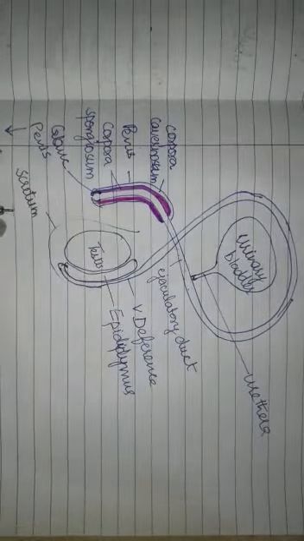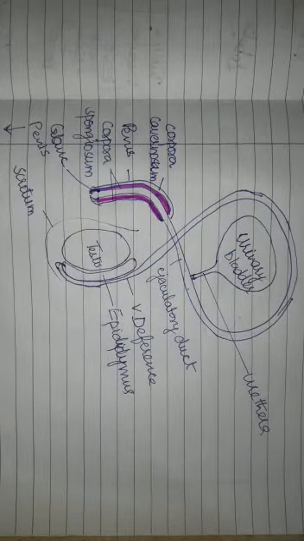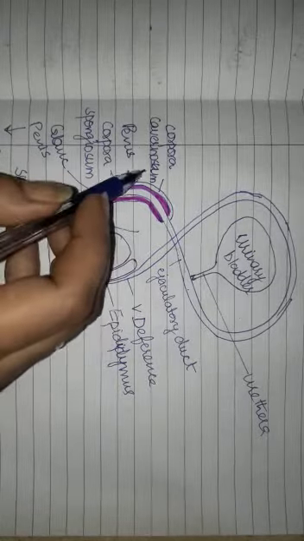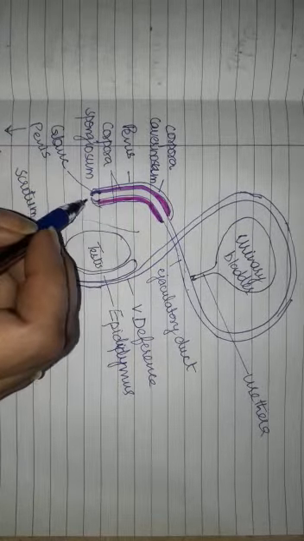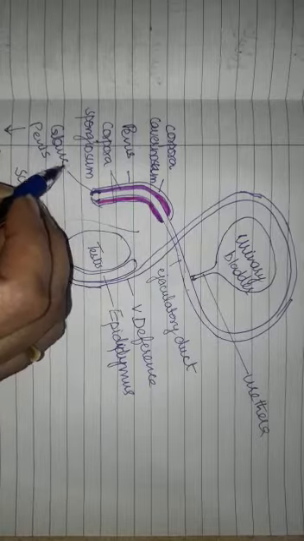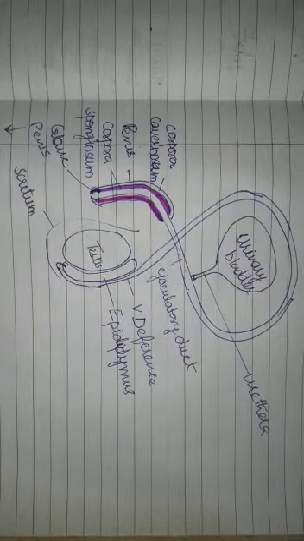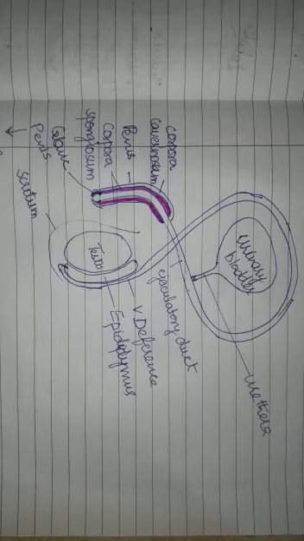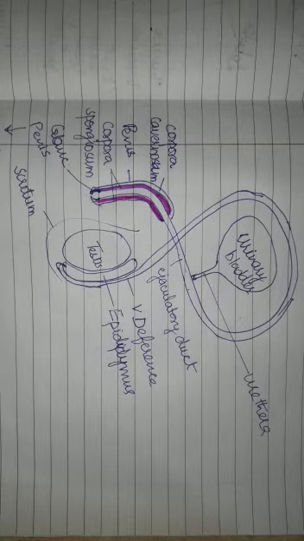At the end, just before the opening of this penis, the corpora cavernosum becomes highly sensitive, and this region is called glans penis. It is covered by a loose fold of skin which is prepuce or the foreskin.